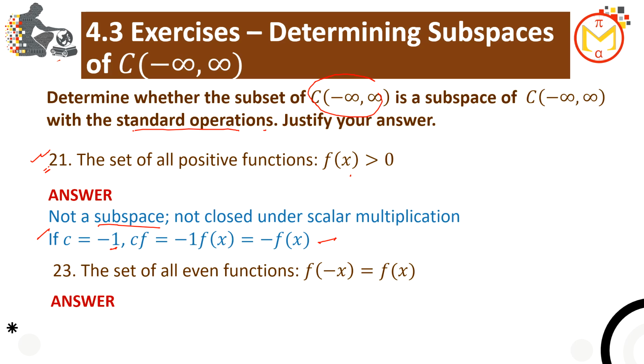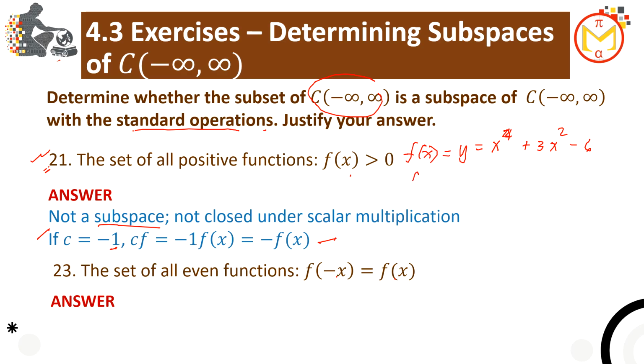Remember, when it is even, when you substitute negative x into the function, it will be the same. Just like if you recall your calculus, say you have polynomial functions, x raised to 4 plus 3x squared minus 6. This is your f of x.